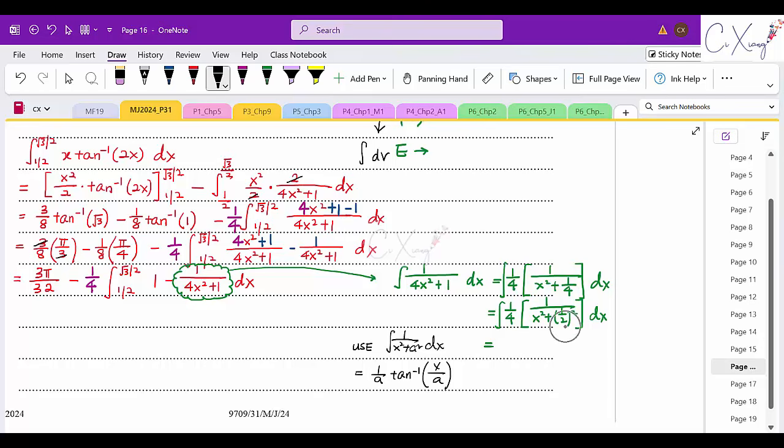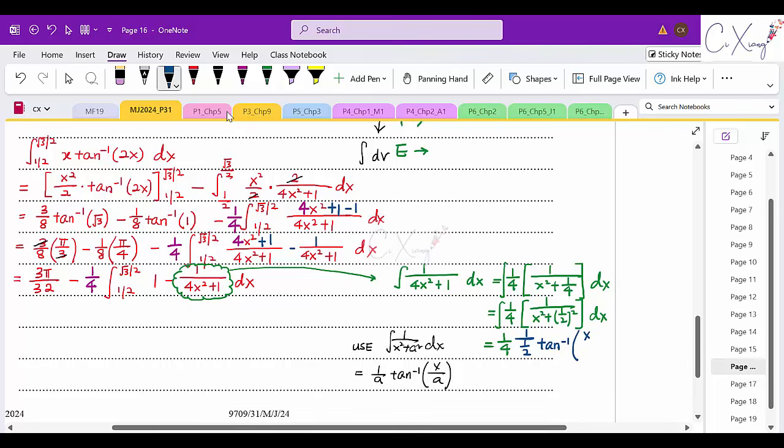My a is 1 over 2. So 1 over 4 you just copy first. When you integrate, you will have 1 over a. A is half. Then tangent inverse x over a. So copy the x. Then a is 1 over 2 also. Then please try to simplify it.